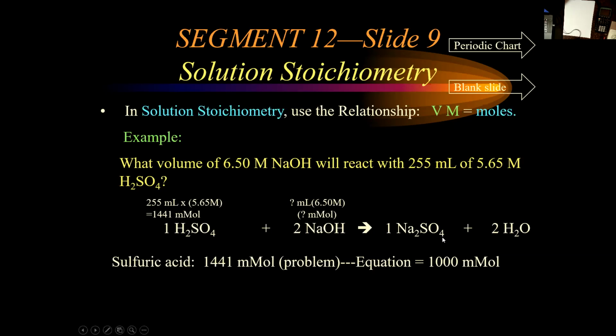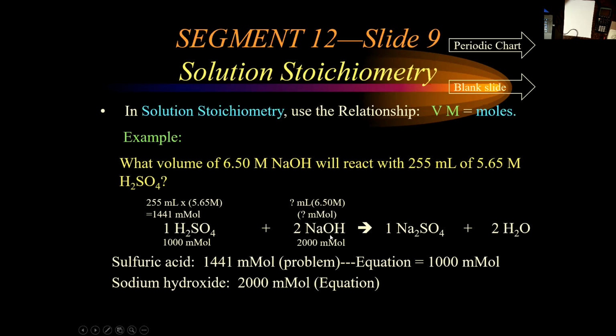The equation shows 1,000 millimoles. 1 mole is 1,000 millimoles. So that's the quantity shown in the equation in the unit that was given in the problem. I'm just trying to be thoroughly consistent, okay? And then 2 moles of sodium hydroxide is 2,000 millimoles. So I put it there.